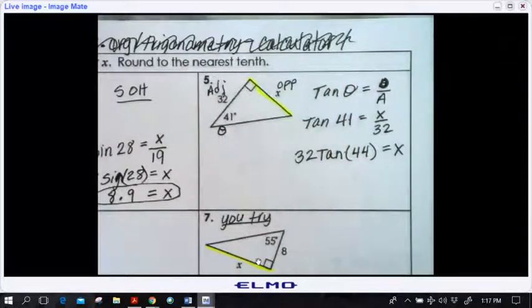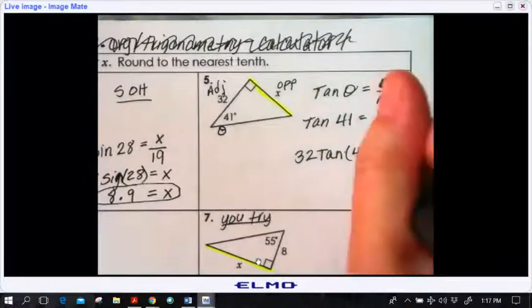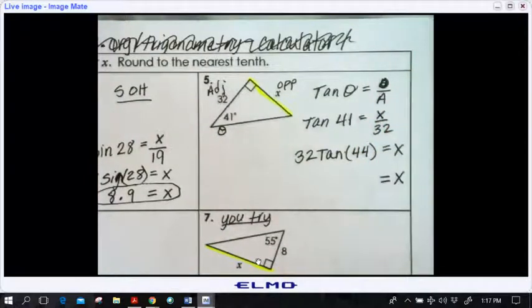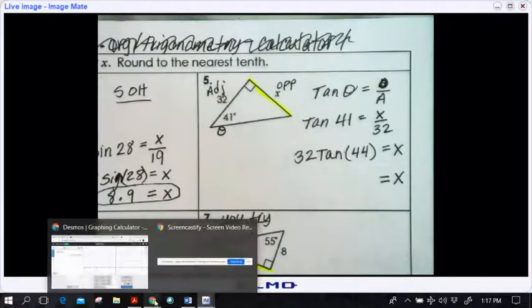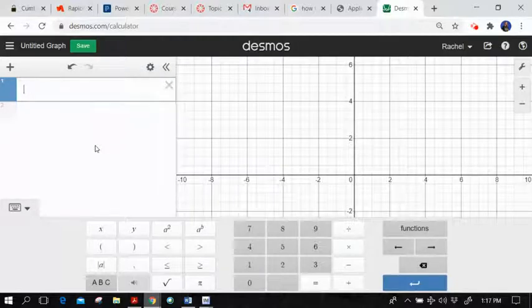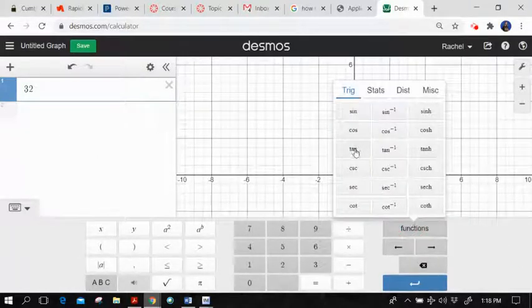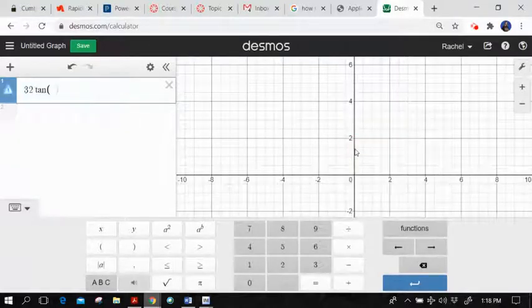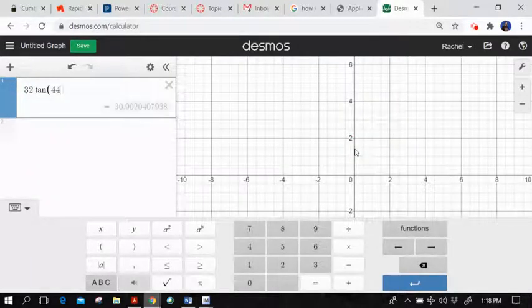The only way that I can evaluate this is by typing it in to my calculator. So let's go do that and see what our value is. So I'm just going to delete this out of here, and I'm going to type in our new problem. 32, click on the word functions, and we're going to use the tangent, okay, and type in 44. And look, our answer popped right up there for me, 30.9.